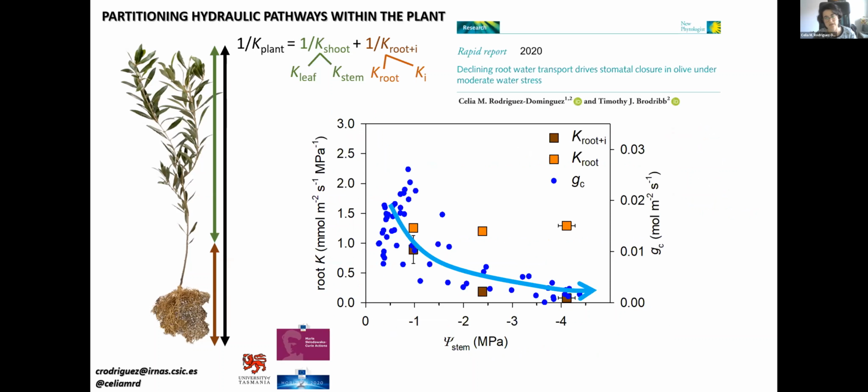We saw this result also in the limitation of the canopy conductance.